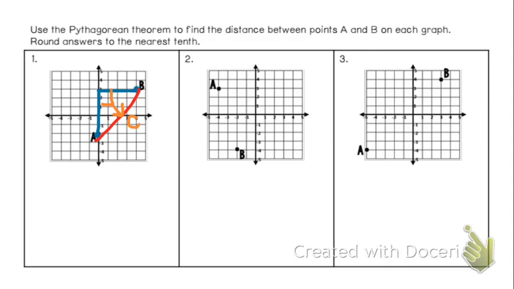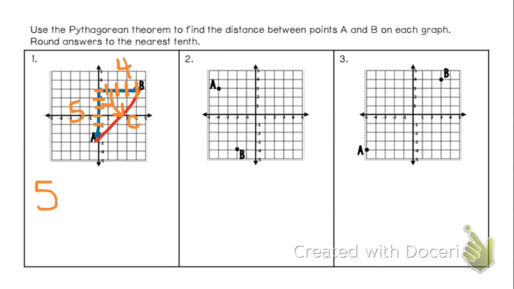So what I'm going to do to find the distance on leg A and leg B is count the units. Just like counting slope, I'm going to start counting: 1, 2, 3, 4, and this is 5. So this is 5 units going up. And then I'm going to count 1, 2, 3, 4, and this is 4 units going across. Now I'm going to put this information into the Pythagorean theorem.